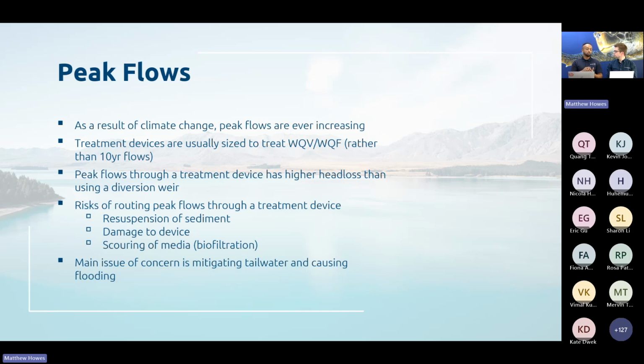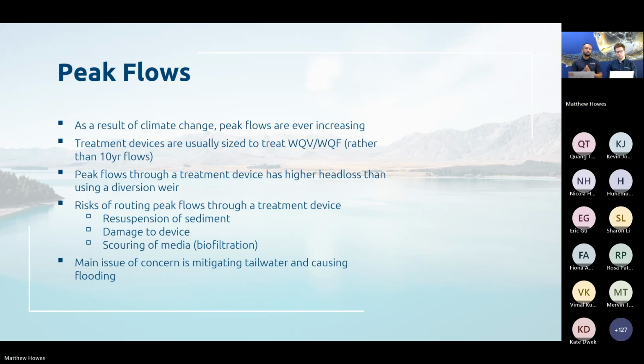Firstly, when you convey the peak flows through the treatment device, one of the implications is you incur a significant head loss, depending on how high the peak flow is, and that could affect the upstream network, as Matthew just mentioned. We've got to check how that affects the upstream network, and whether we have enough freeboard to accommodate that.